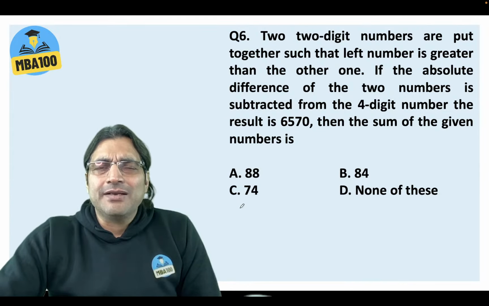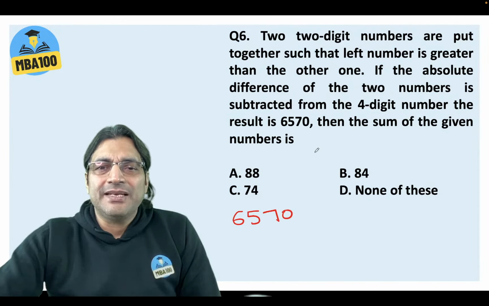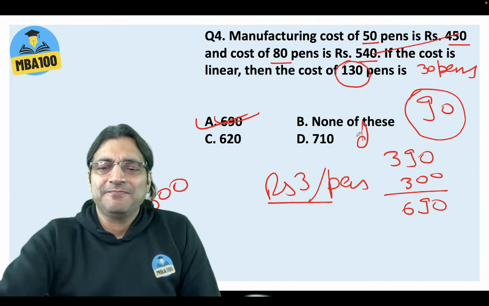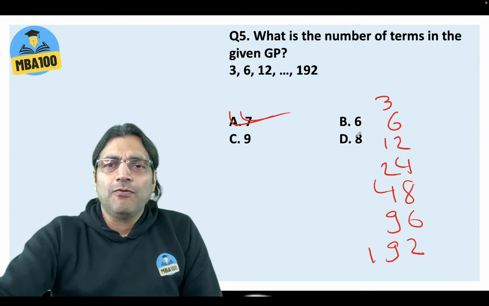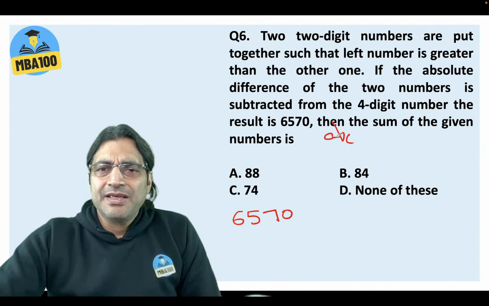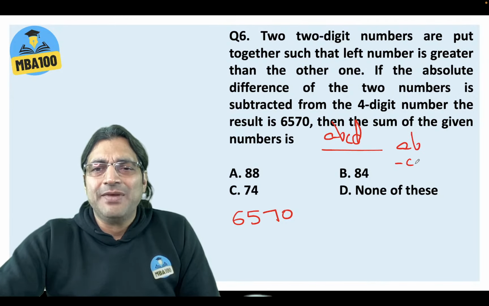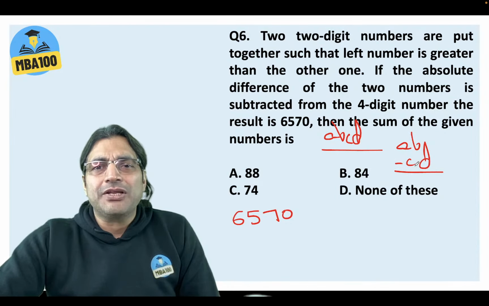Alright, I'll give you a hint. After the subtraction, what you're left with, initially you have ABCD. This is the 4-digit number that you have. And what do you subtract from here? You subtract the difference of AB and CD. The difference of AB and CD would be a 2-digit number.